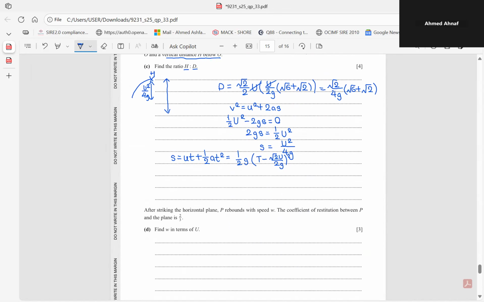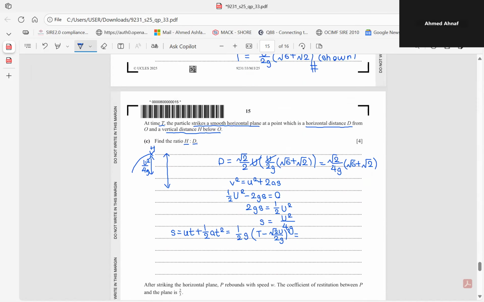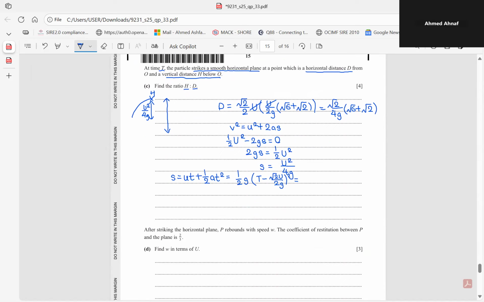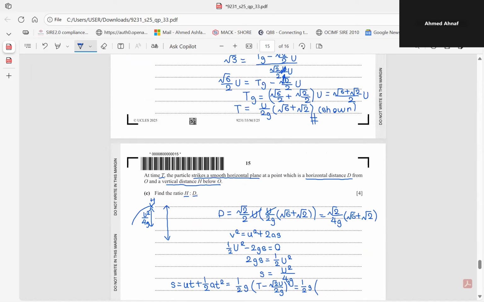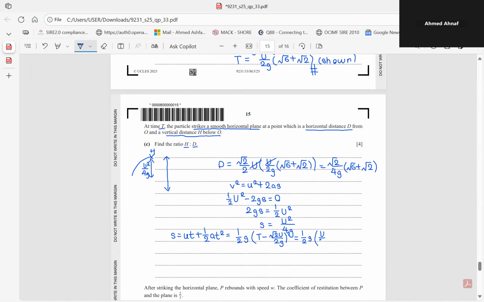Okay, all right, let's simplify this a bit more. So we have u over 2g times square root 6 plus square root 2, minus square root 2u over 2g.